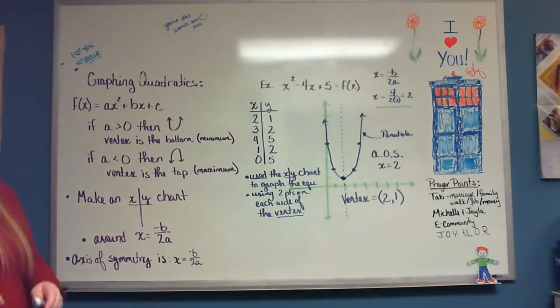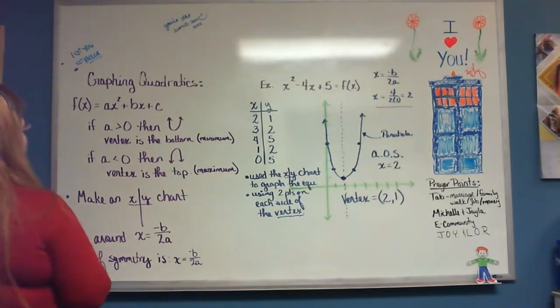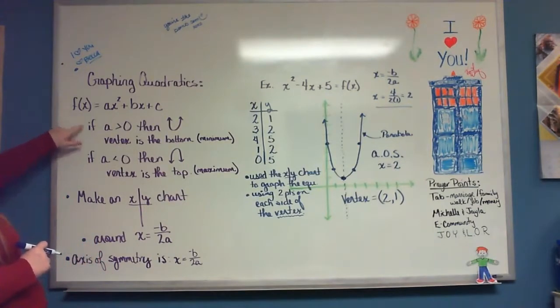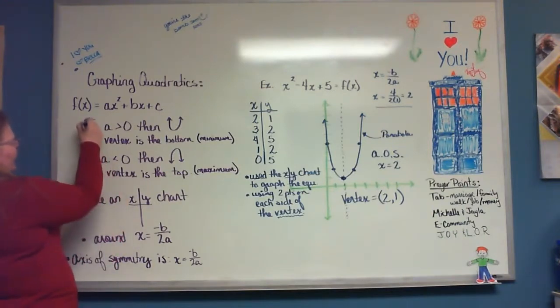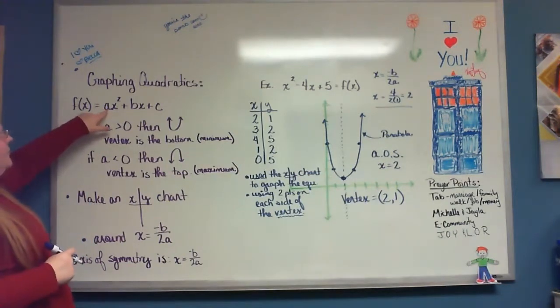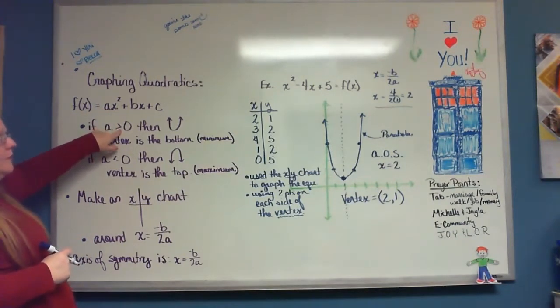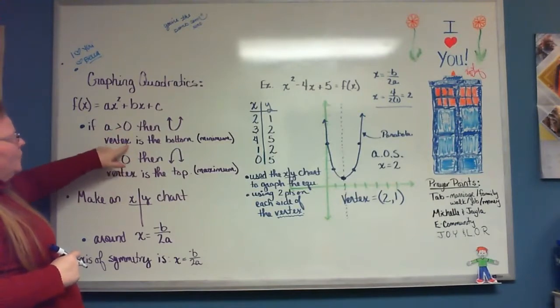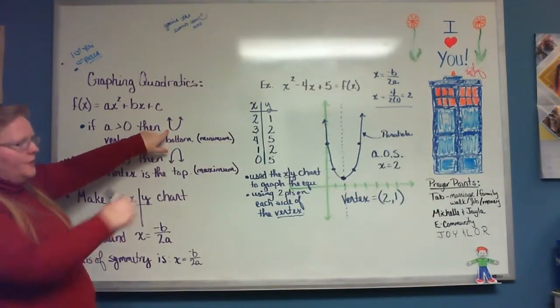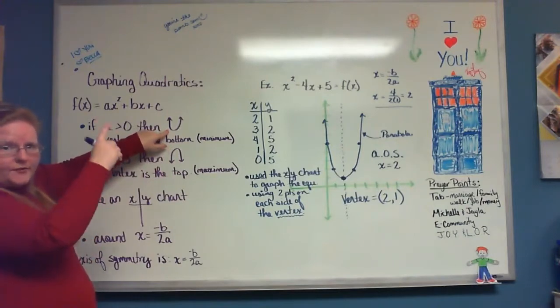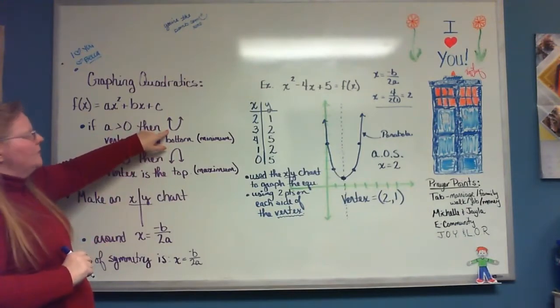Now, let's talk about the stuff that's up at the top. Up here, you get these two notes, things about A. So if we're talking about A being greater than 0, in other words, if the number in front of x squared is bigger than 0, then we always end up with a U shape, like we did, because 1 is what our A was, and it was bigger than 0.